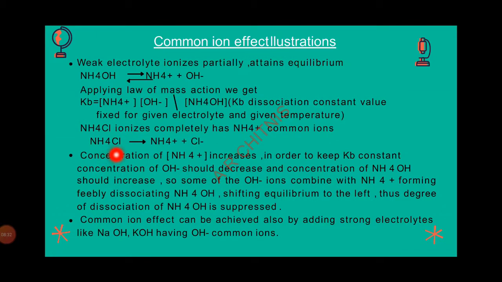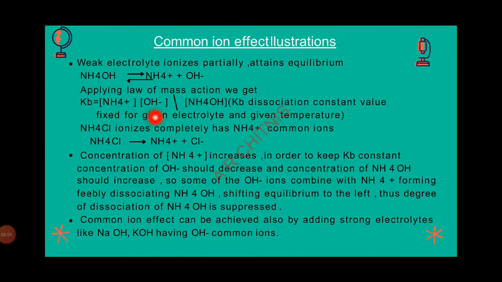Since NH4OH is partially ionizing and NH4Cl is a strong electrolyte, it completely ionizes to NH4 plus. Naturally, the concentration of NH4 plus ions is going to increase. So Kb will be disturbed, the equilibrium constant will be disturbed. In order to keep Kb constant, the concentration of OH minus ions should decrease.